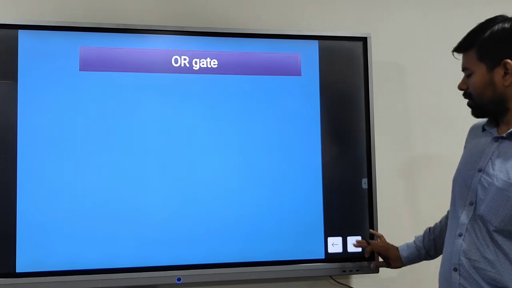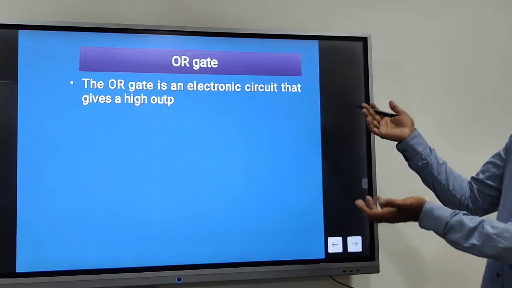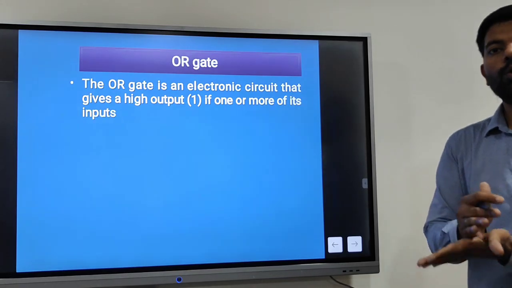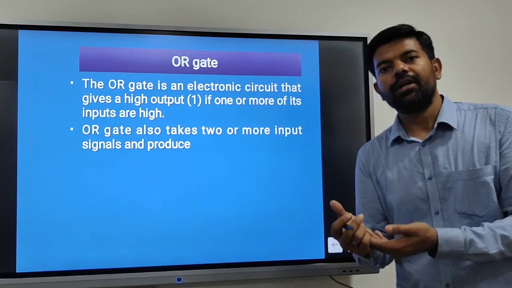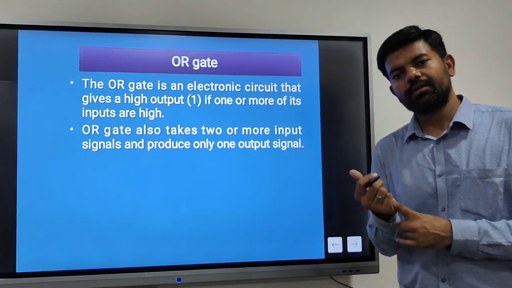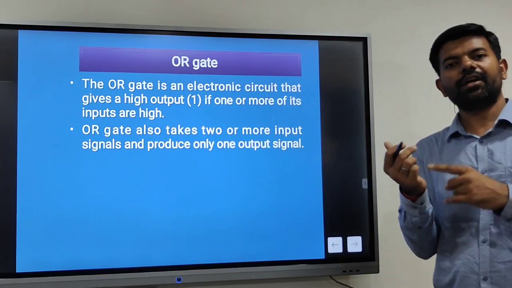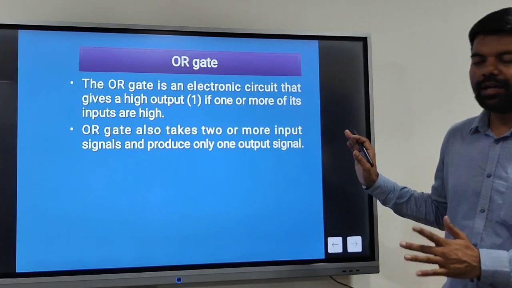OR gate. The OR gate is an electronic circuit that gives high output if the inputs have at least one high value. If any one of its inputs is high, it produces the high output.